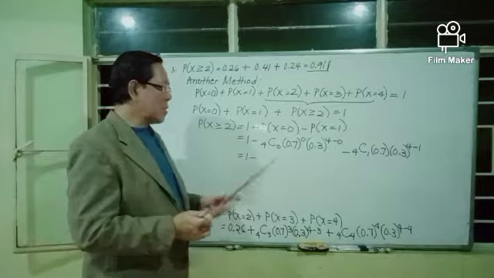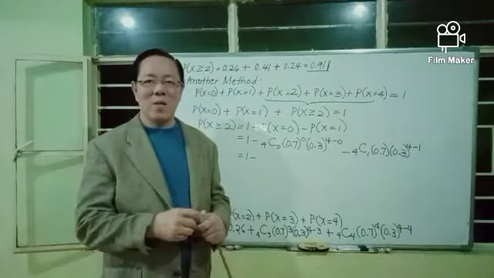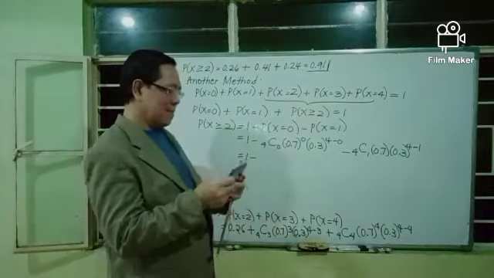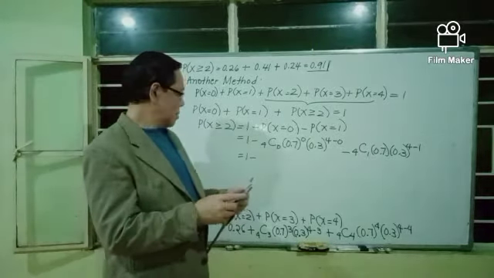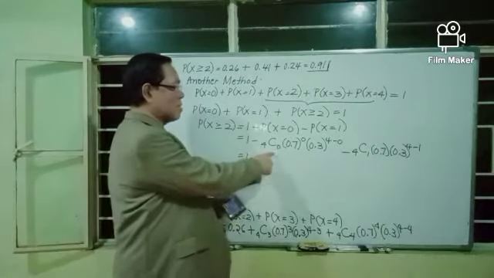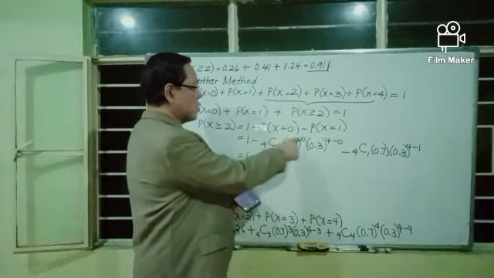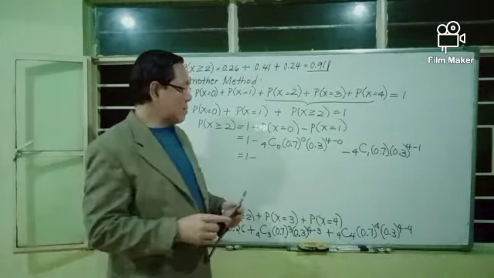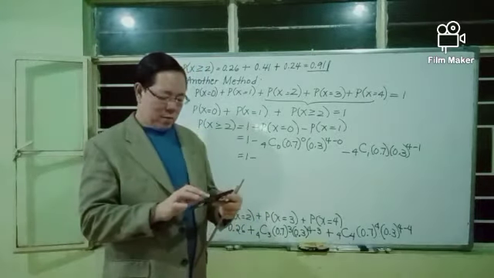And we compute the second and the last term using our scientific calculator. We have combination of 4 taken 0, 0.7 to the power 0 is 1, multiplied by 0.3 to the power 4.